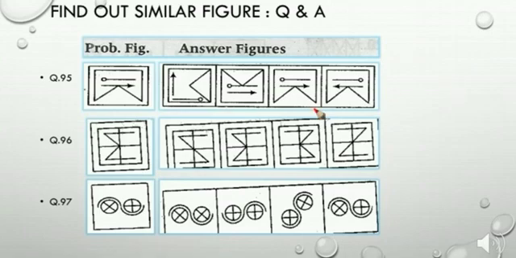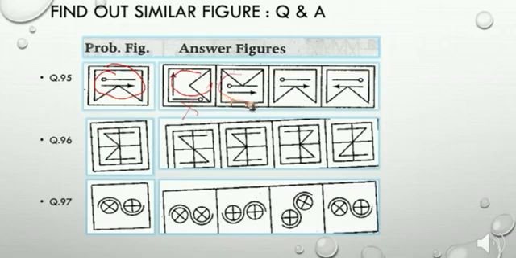Let's go to question number 95. There is a problem figure given and there are 4 alternatives given, and we need to find which of the alternatives is the correct match for the problem figure. Let's check for this portion at the center. This portion at the center is not matching in option 1.